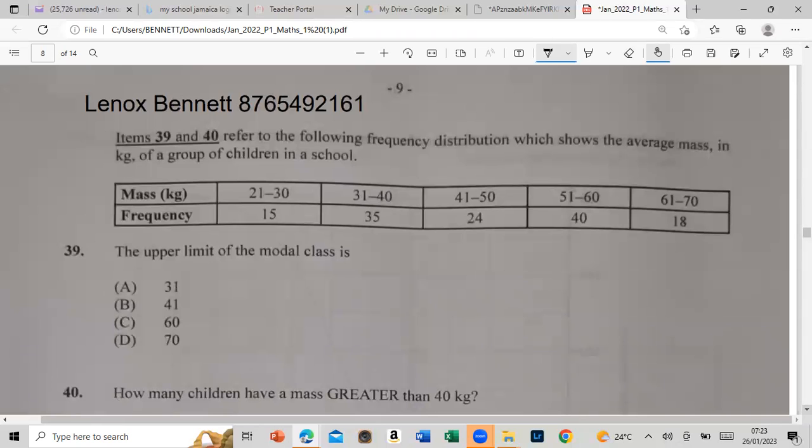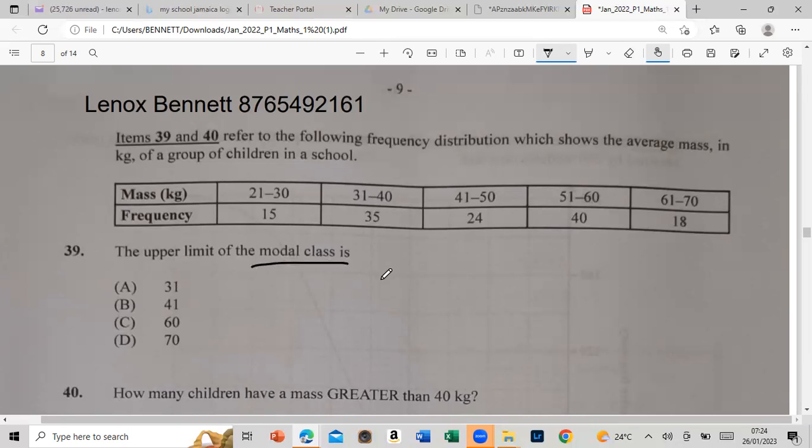Items 39 and 40 refer to the following frequency distribution, which shows the average mass in kilogram of a group of children in school. So we have the mass at the top and we have the frequency. The upper limit of the modal class is, so first we need to identify the modal class.